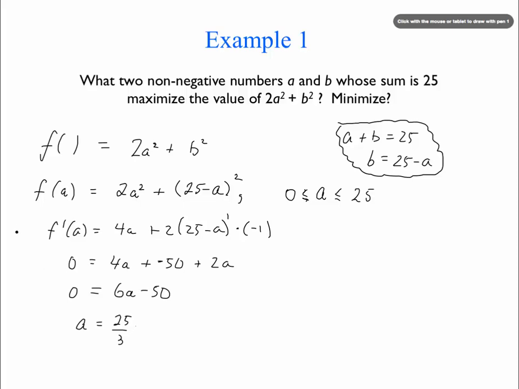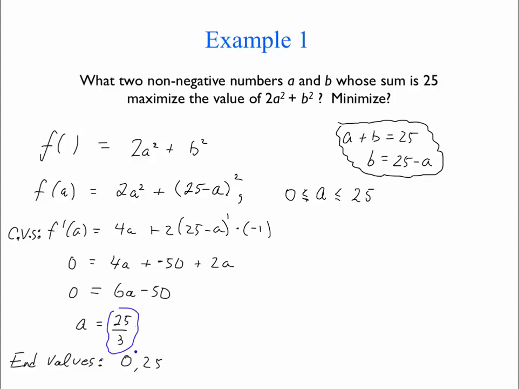So this is critical values. And what other possibilities do we have? The end values are 0 and 25. So we have our list of candidates: 25 thirds, 0, and 25. And so what are we going to do?